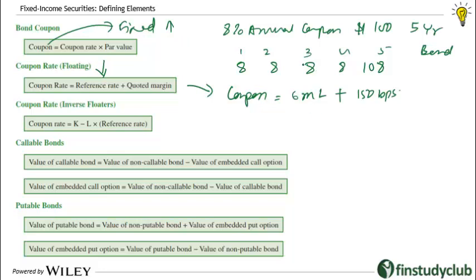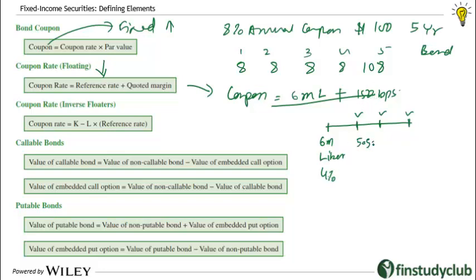And I would assume that you guys would be quite familiar with setting up the cash flows of a floater. So let's say we are talking about an 18 months floater where the coupon is set as 6-month LIBOR plus 150 basis points. So this is where the first coupon payment would happen, second and third, 18 months, done. So we look up the 6-month LIBOR over here, let's say it's 4%, then 4% plus 150 basis points, which essentially takes care of the risk premium. 4 plus 1.5, 5.5%.